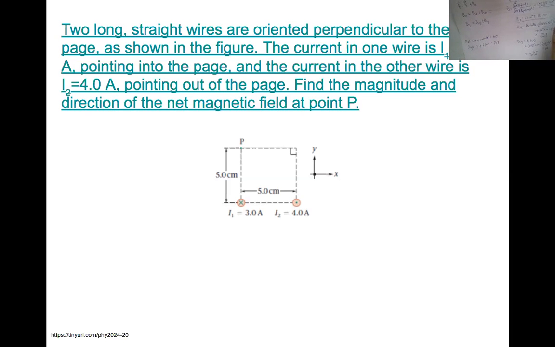So your overall B will be equal to 40 Tesla in the x component minus 80 Tesla in the y component. Now I think somewhere I'm missing the 10 to the minus 7. For the mu naught, it's 4 pi times 10 to the minus 7. So sorry about that, but all these numbers should be multiplied by 10 to the minus 7.